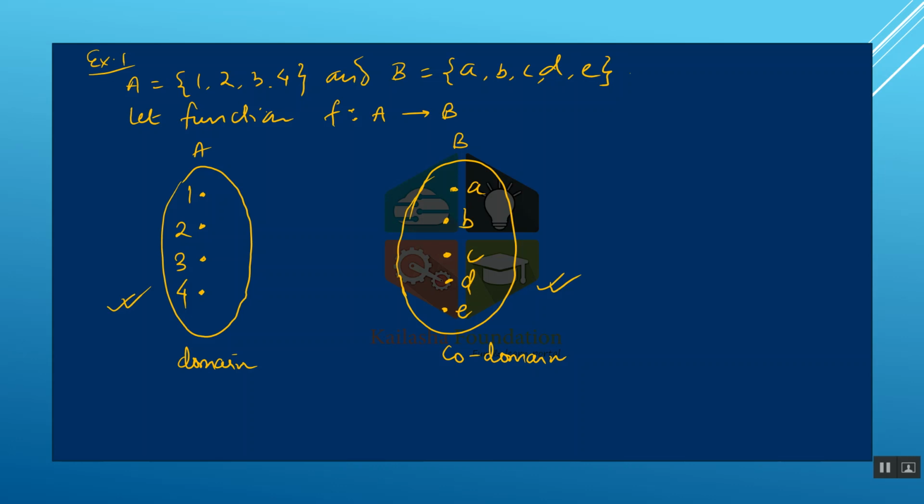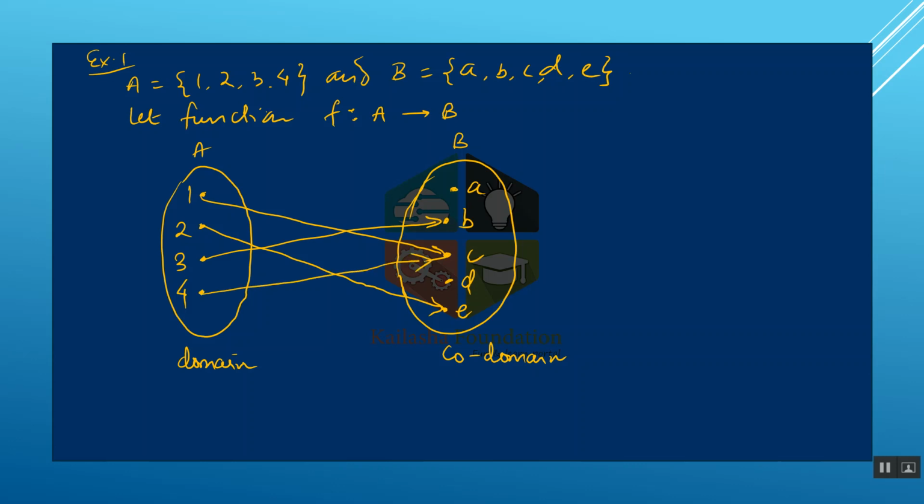So domain and codomain. Now the function is defined like this. When the input is 1 we are getting c. We are defining it in the example like this. For 2 we are getting e. For 3 we are getting b. For 4 we are getting c again.